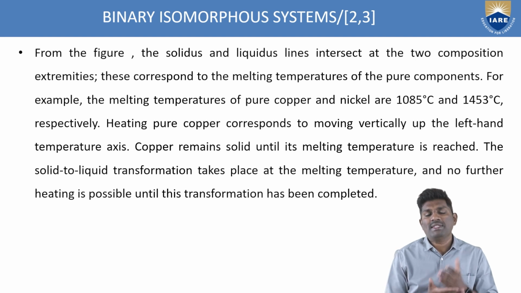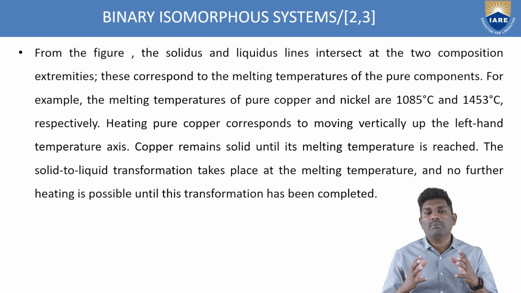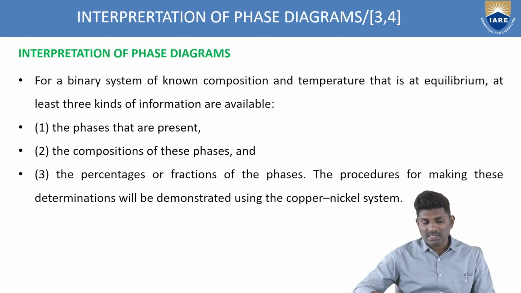Once you know the phase diagrams, it is very easy for us to find out the characteristics of the given material, what are the physical and mechanical properties of the material, how to correlate between these things, and also how to get the melting temperatures of the given material. With all this information, it is very easy for us to select the material for different types of applications. Any material we are selecting, you have to know all the properties. So how can you know the properties? Based upon these phase diagrams only.